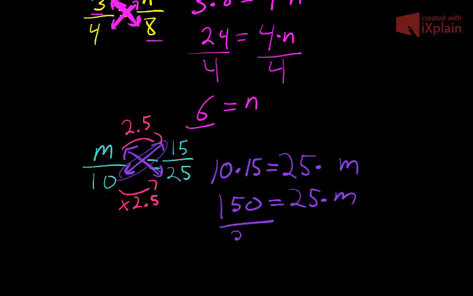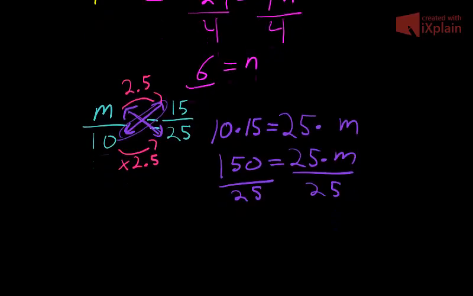Then I divide both sides by 25, and 150 divided by 25 is going to be 6 equals my variable m. So the answer here once again is 6.